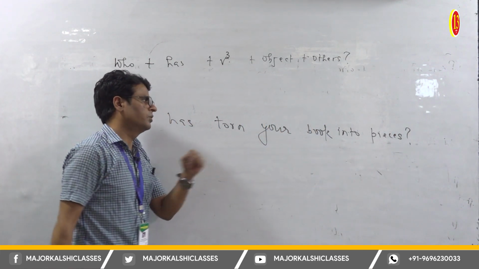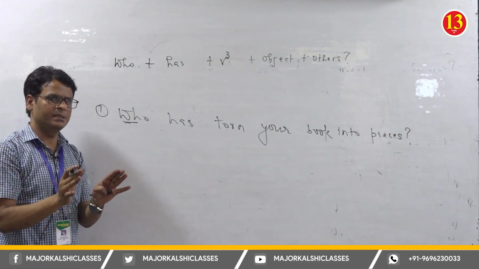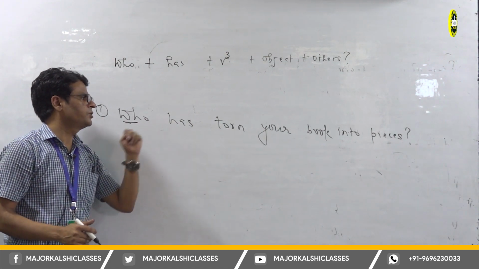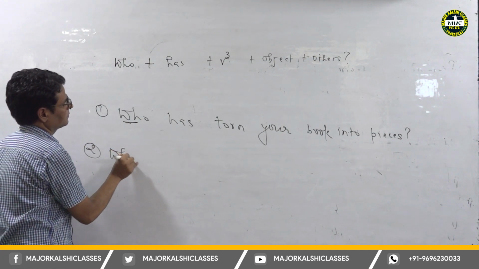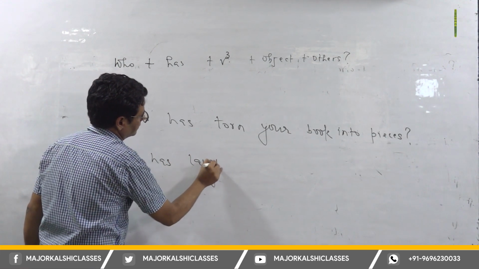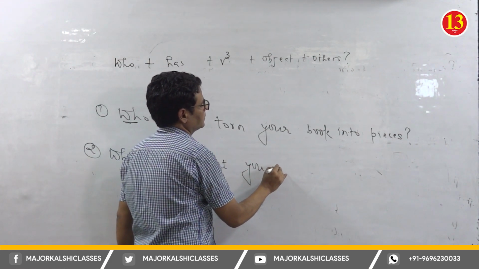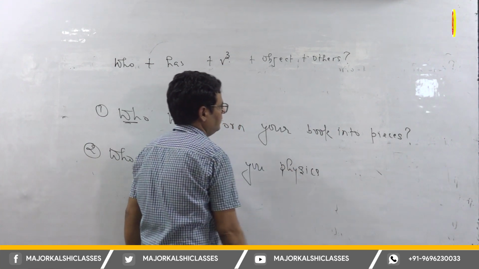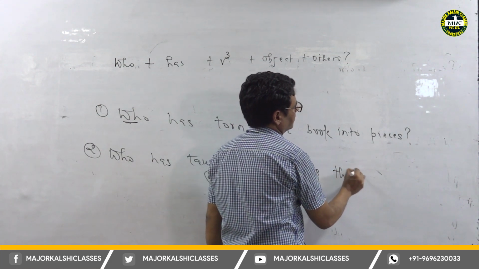Who is working in both ways? It is a question word as well as your subject. Who has torn your book into pieces? One more sentence. Who has taught you physics this month?